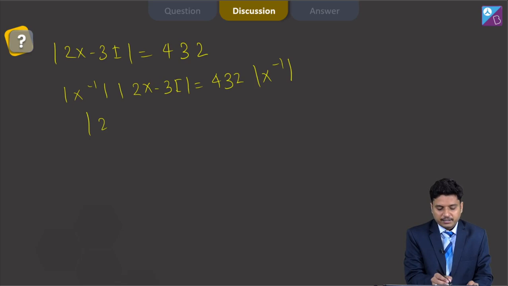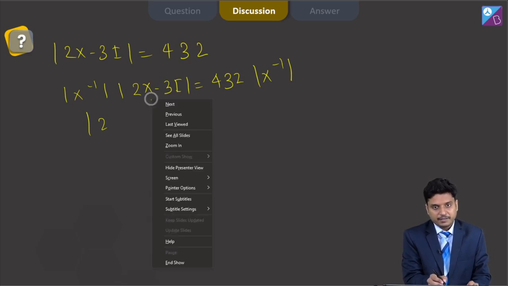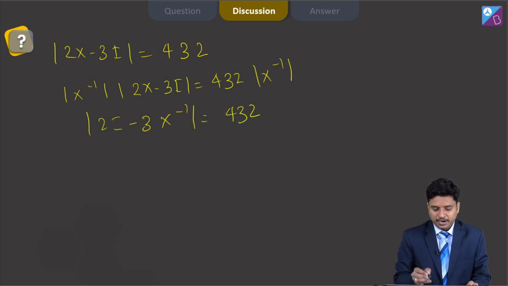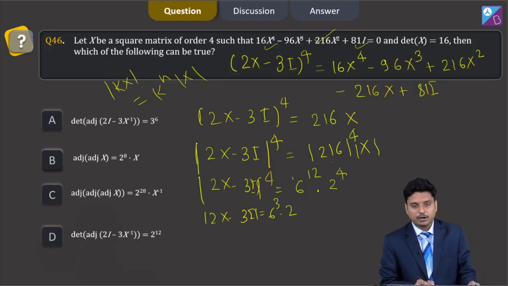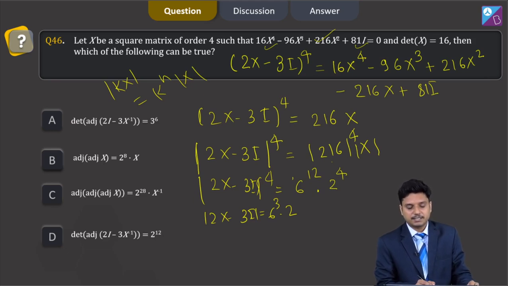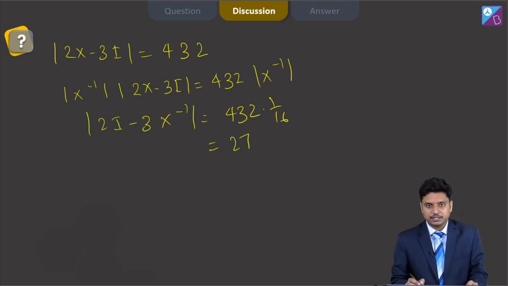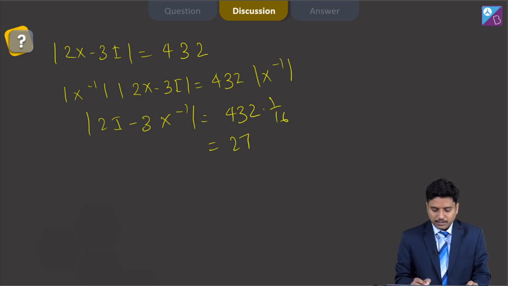So here x inverse multiplied with x gives (2i minus 3x inverse), and this will be equal to 432 into the value of determinant of x inverse. As determinant of x is 16, determinant of x inverse will be 1 by 16, so this is 27. So the determinant of (2i minus 3x inverse) is equal to 27.